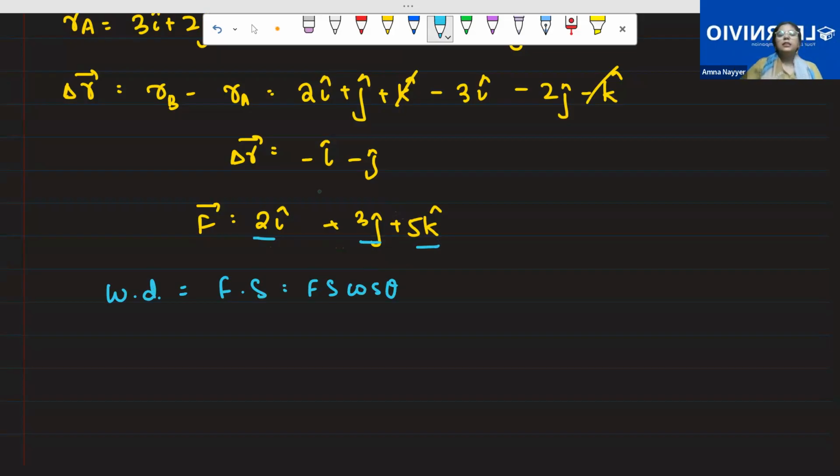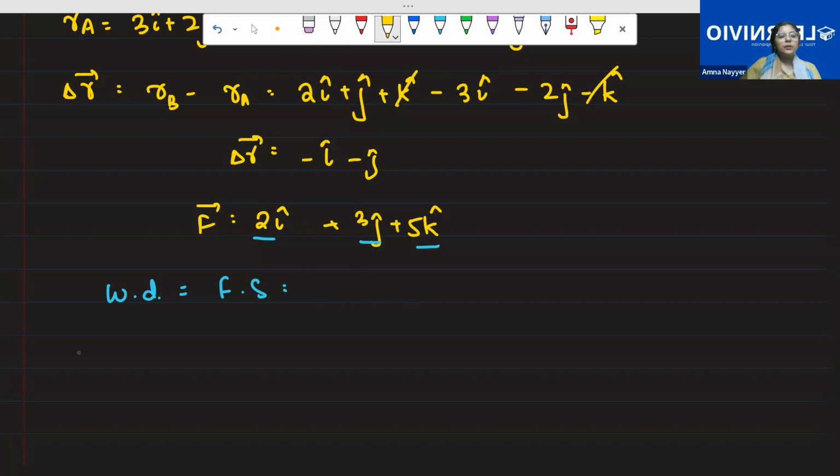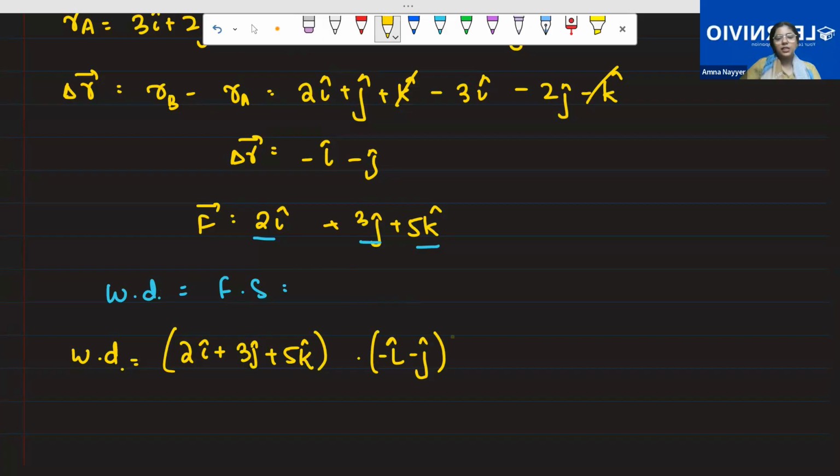Here you don't require Fs cos theta, you just require F dot S. So work done will be equal to the force, 2i cap plus 3j cap plus 5k cap, dot the displacement, minus i cap minus j cap.